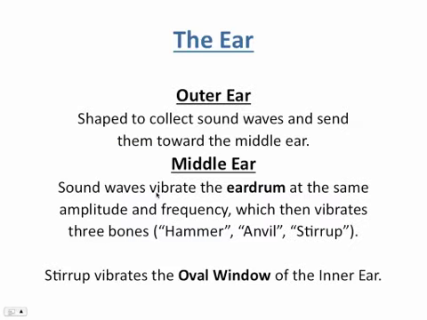Okay, now we're going to go through the different components of the ear. So the outer ear, its purpose is to collect the sound waves and send them towards the middle ear. Now the pinna is also really important in localizing sounds. The pinna provides this unique way of tunneling the sounds into your auditory canal.